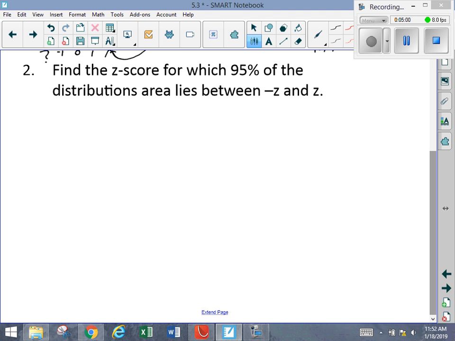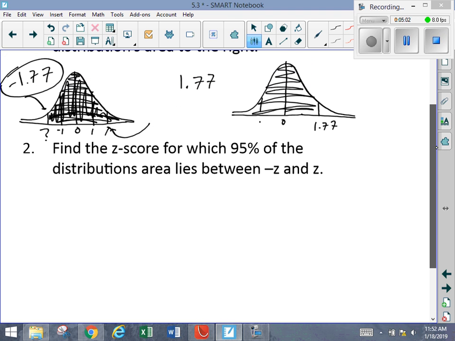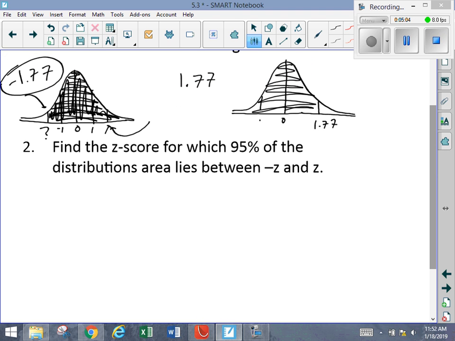Let's find a z-score for which 95% of the distribution's area lies between negative z and z. Let's go ahead and draw this. Again, we're looking at a standard normal distribution, so the mean is 0.